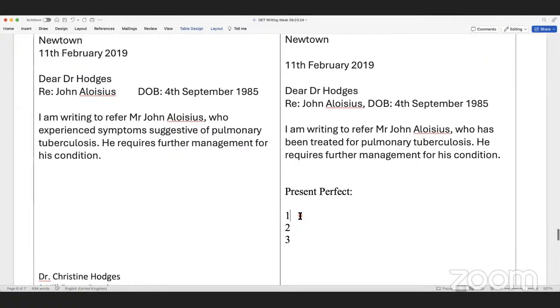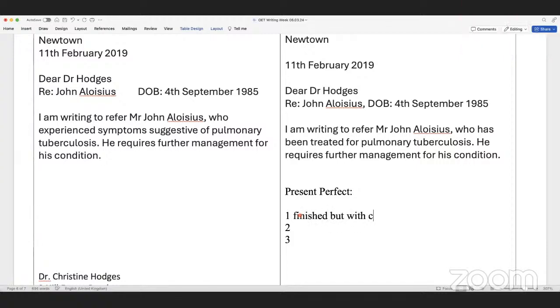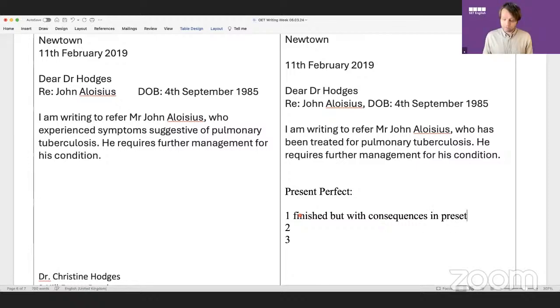It has three main meanings. It can be finished, but with consequences in the present. It can be unfinished, so continuing to now. It can also be repeated actions in the past that may continue.